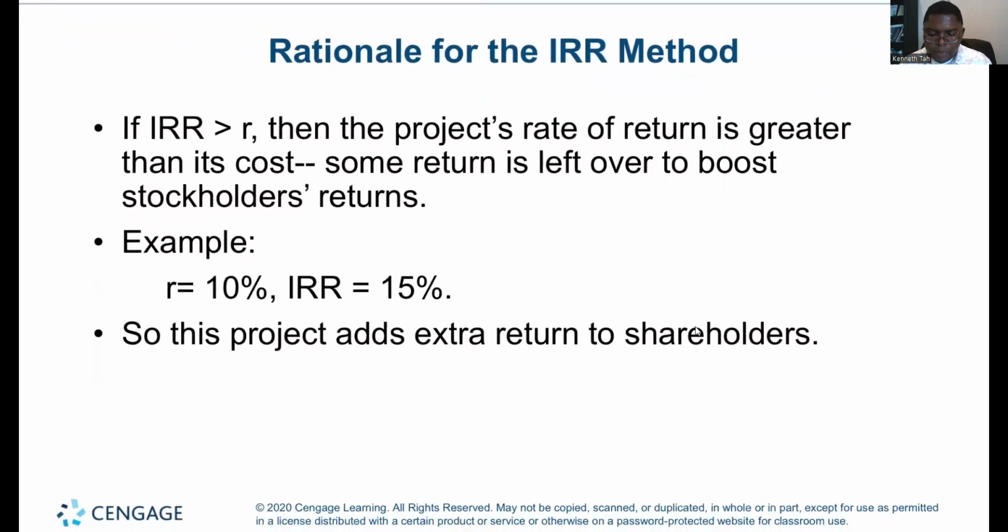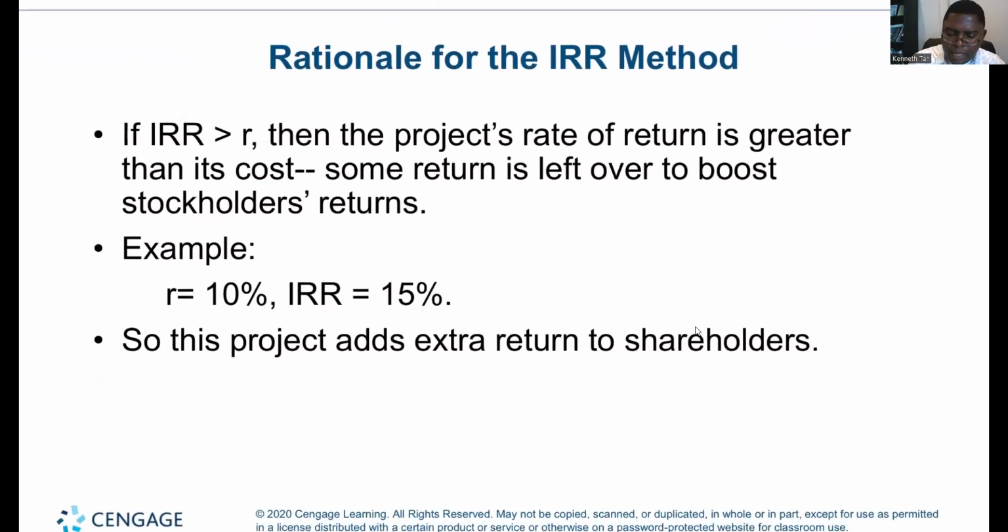All right, now we can discuss the rationale for the internal rate of return method. So if we think of a project, we want the project to generate a return that is greater than the cost of capital. So we always compare the internal rate of return with the cost of capital.